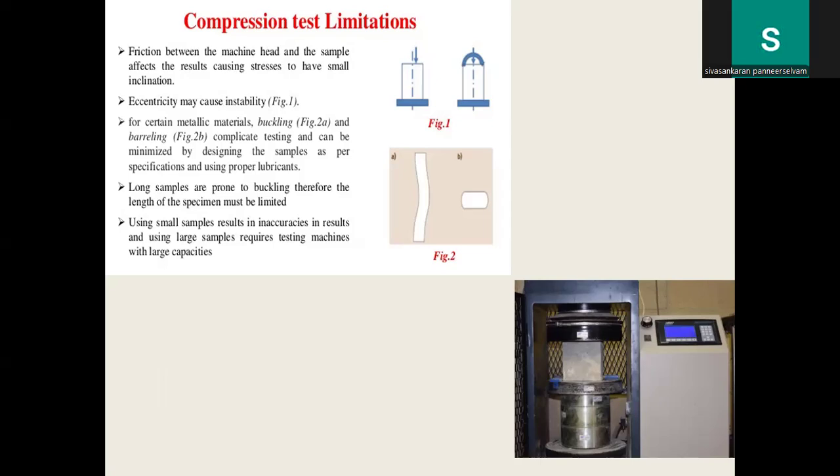And the other one is the length. If it is a slender object, we need to restrict the length of the specimen, as I told you in the previous slide. Sometimes long samples will not carry equal load, which will lead to uneven measurement of results at the end of the experiment.